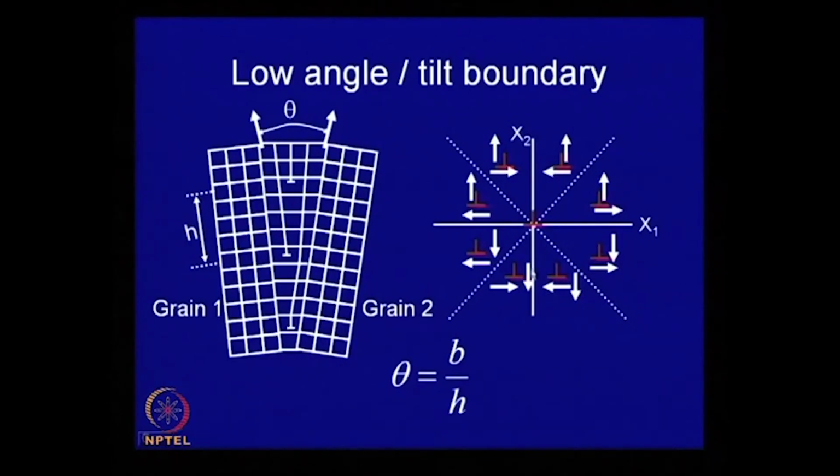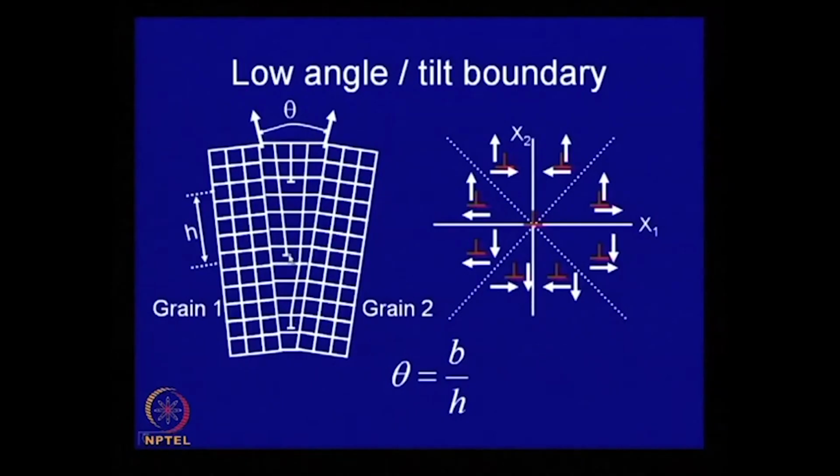In fact, such a configuration is actually found in many crystals, particularly in annealed crystals, in a piece of metal which has been deformed and given some amount of thermal activation. You do find this kind of arrangement.